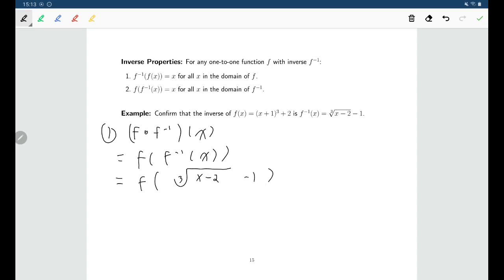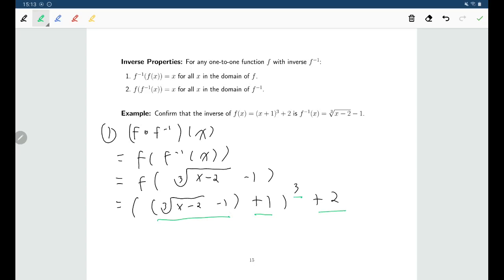So f inverse, that's cube root of x minus 2, minus 1. And I'm putting that into my function f. And in my function f, I'm replacing the x with that cube root of x minus 2, minus 1. So my original function f had x plus 1, whole thing cubed, plus 2.